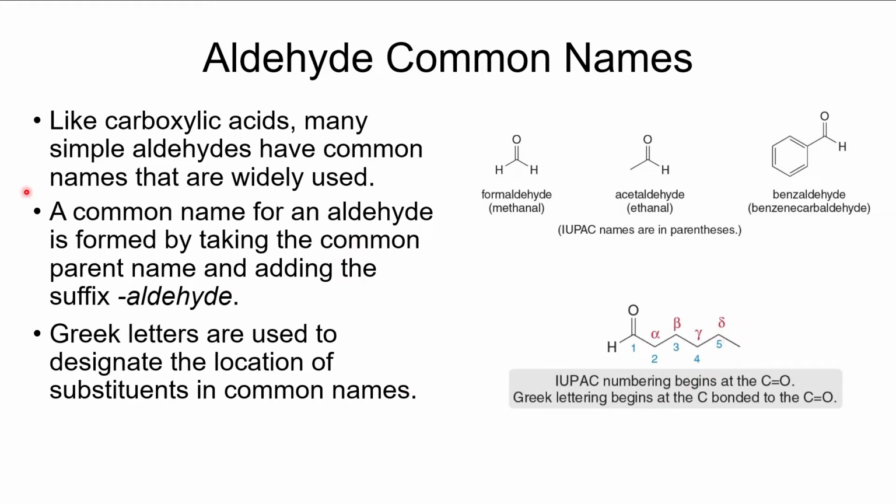You can go to the other Greek letters, epsilon, zeta, eta, theta, and good, if you know the ones past that, good for you. Mostly we'll use those first 5 or 6 Greek letters. We don't typically go much further. Often for the very end, we'll call that the omega carbon, and we'll talk about that more when we're talking about carboxylic acids and their derivatives, but it is true for aldehydes as well. So we can use the alpha, beta, gamma, delta for indicating where substituents are.